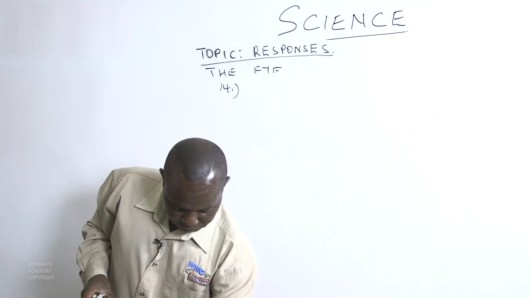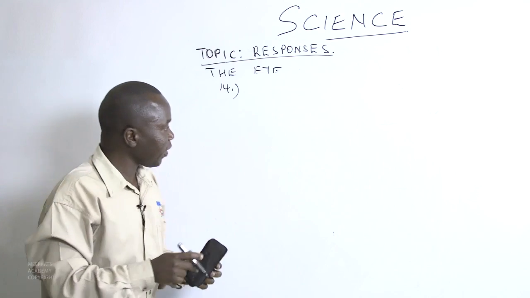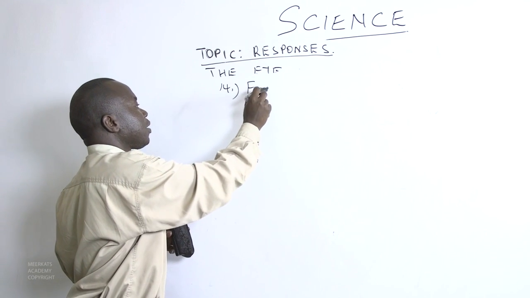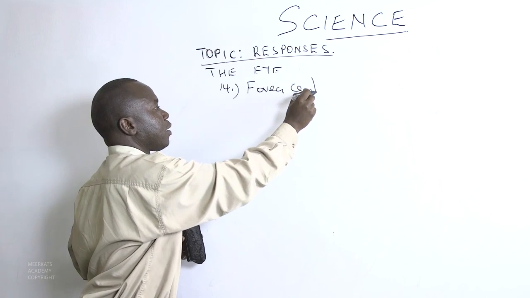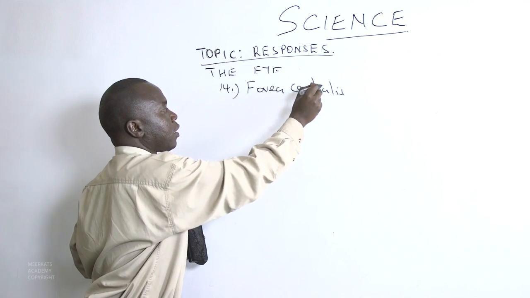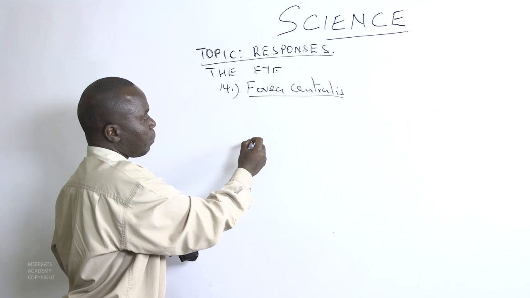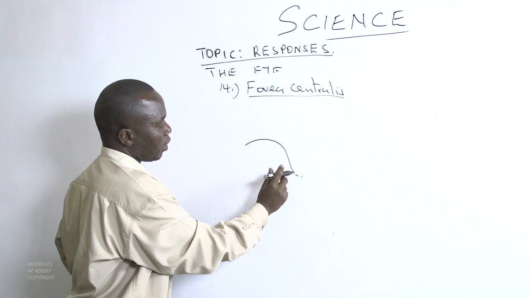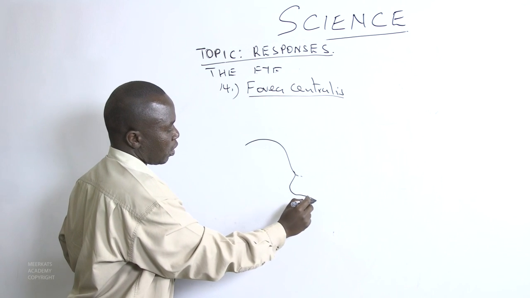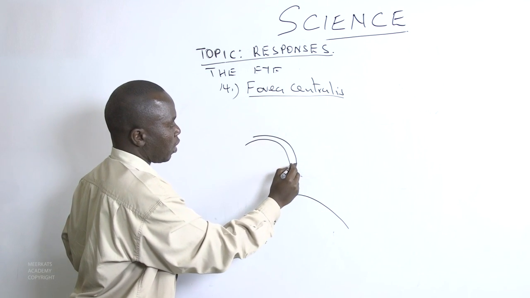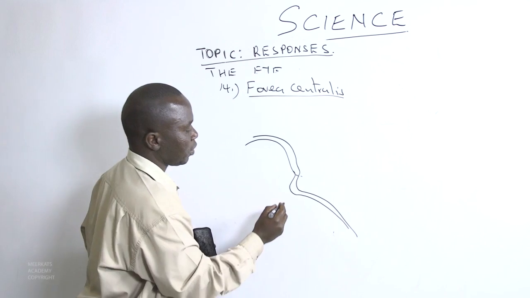Also called the yellow spot. And then the very last is the fovea centralis. Fovea centralis is a point on the retina. Remember that point.